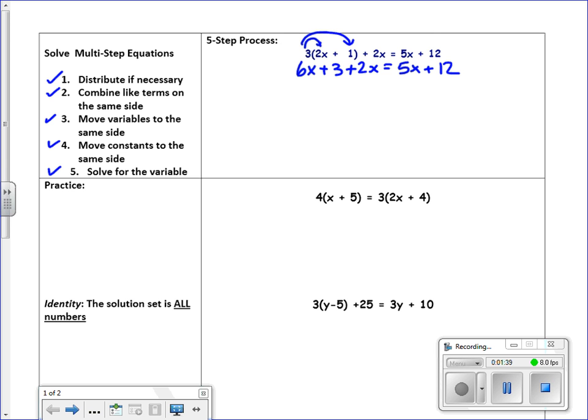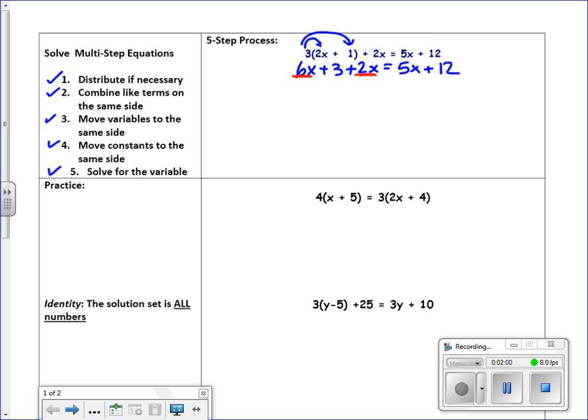Now, instead of worrying about everything else, all I'm going to do is move on to step 2. And step 2 says combine like terms on the same side. So I'm going to look at this side, and I have 6x and 2x. Those are my like terms. So that's what I want to combine on that side of the equal sign.